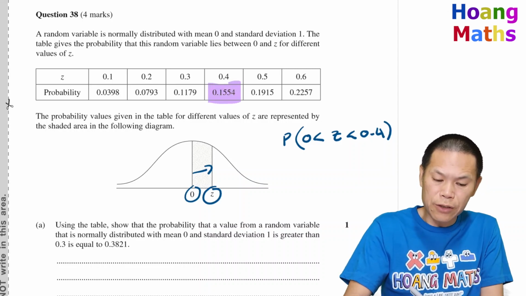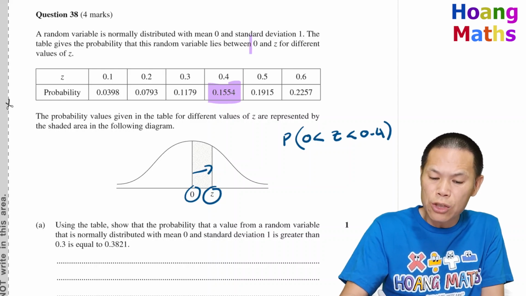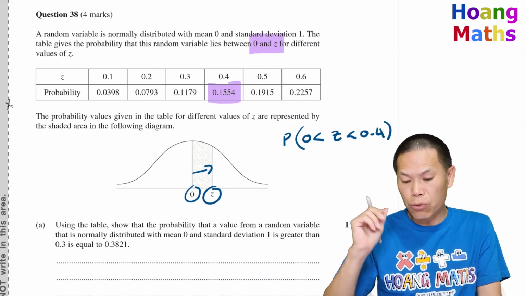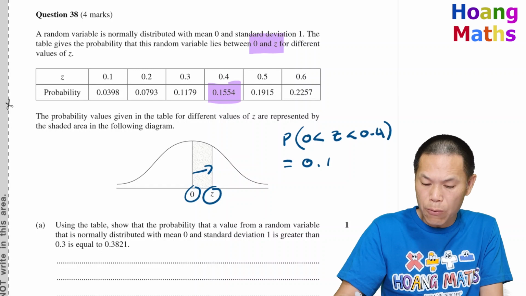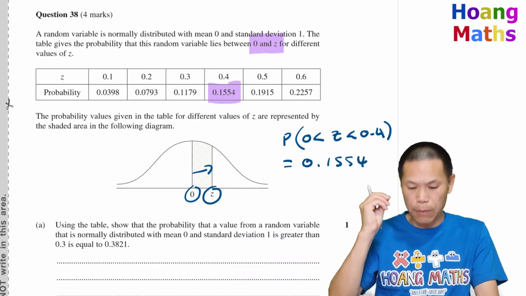The table gives the probability that the random variable lies between 0 and z, so from 0 to 0.4, that will give us 0.1554. That's how you read the table, so please keep that in mind.